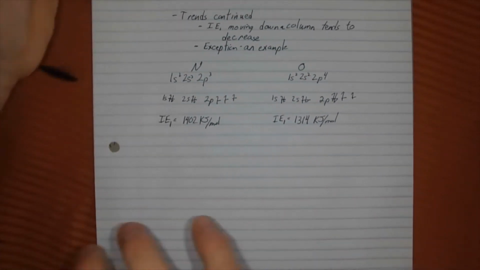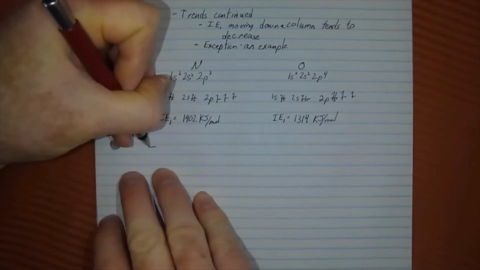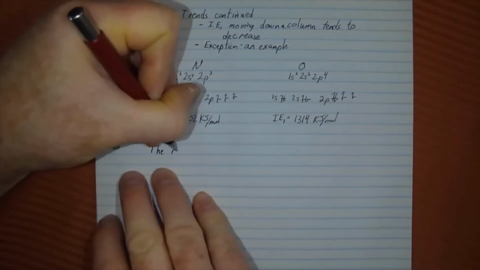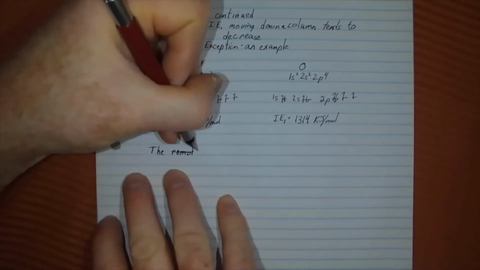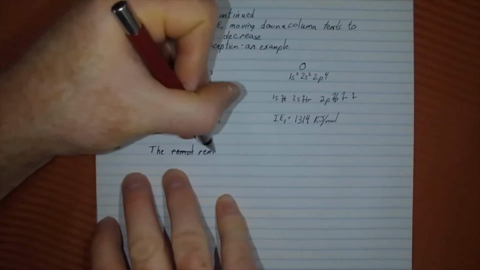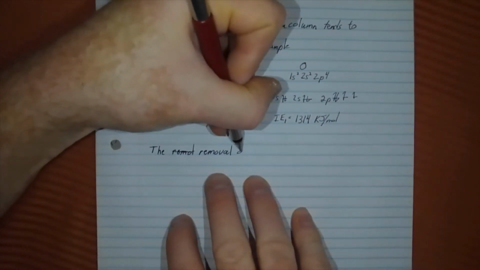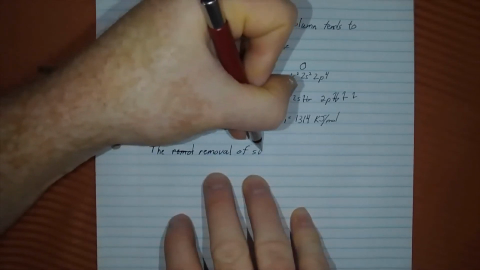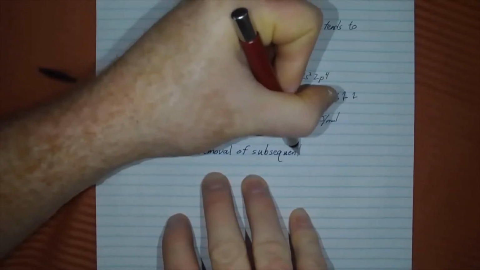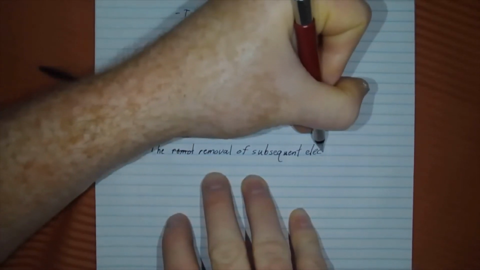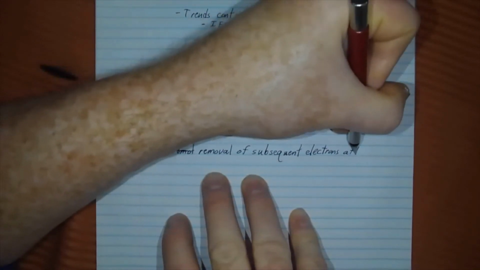Okay, we're going to continue with ionization energies, and I want us to take the idea of the removal of subsequent electrons after the first.